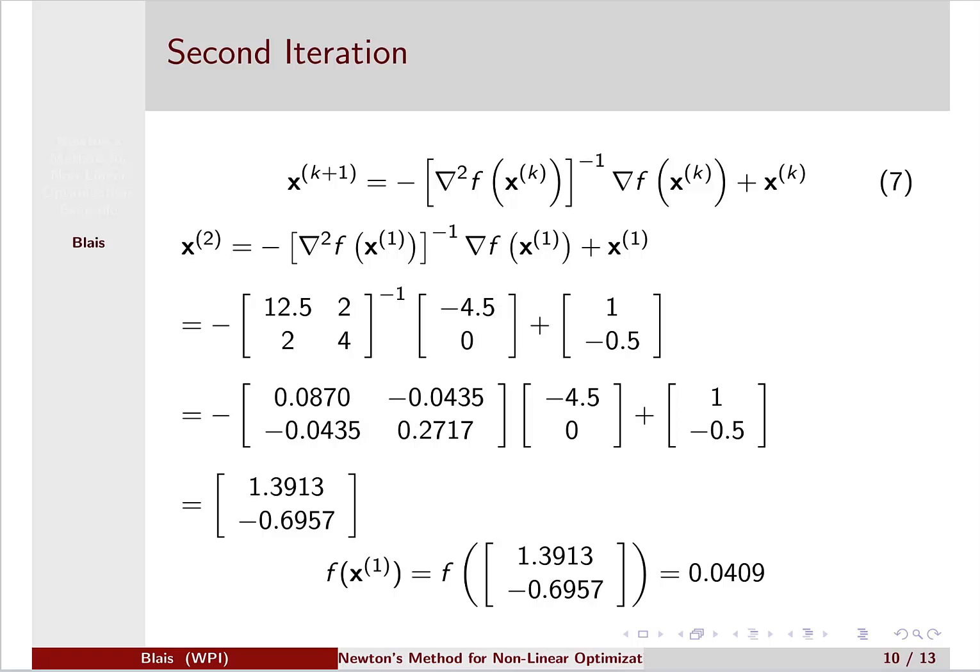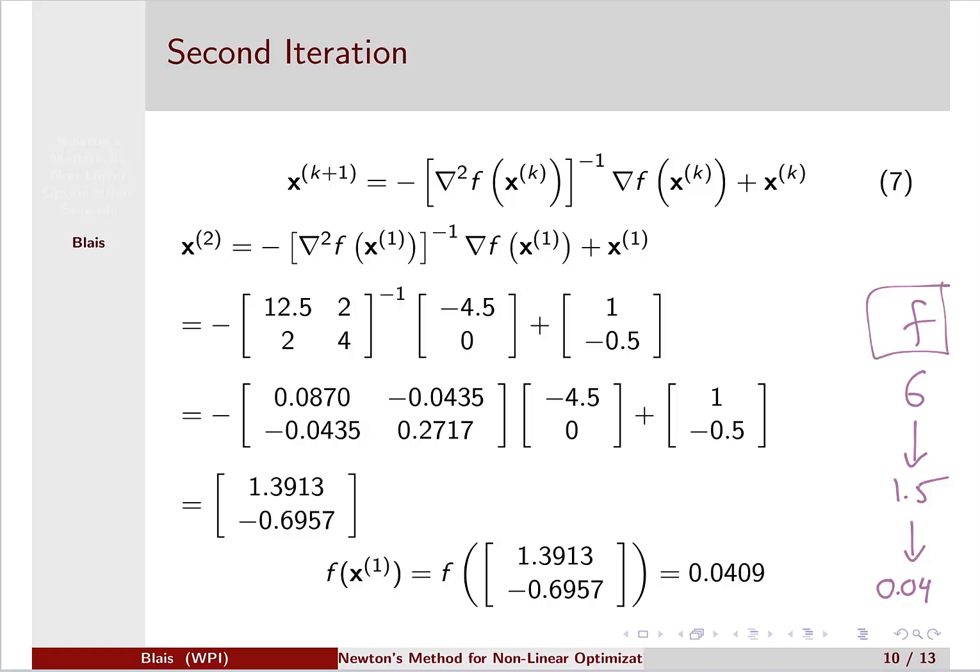So note that this is getting closer to our global solution. And when we plug in this to our objective function, we get a value of 0.0409. So if we think about a progression, we started out at a value of 6. In the first iteration, we've reduced that value to 1.5, and now we've reduced the value to about 0.4.